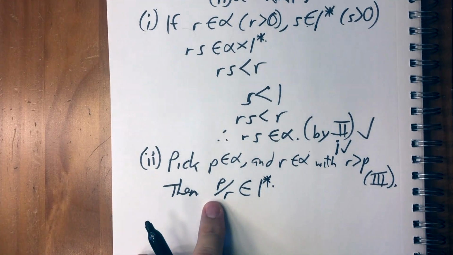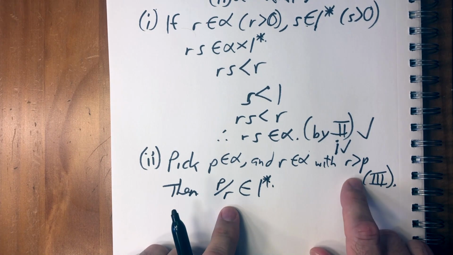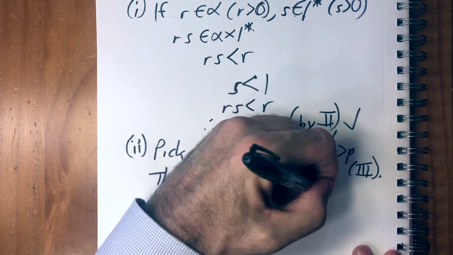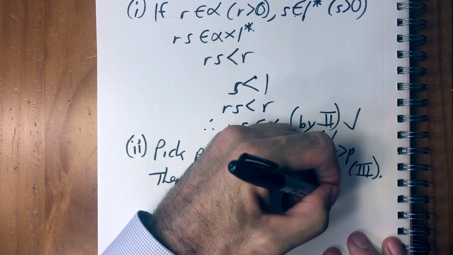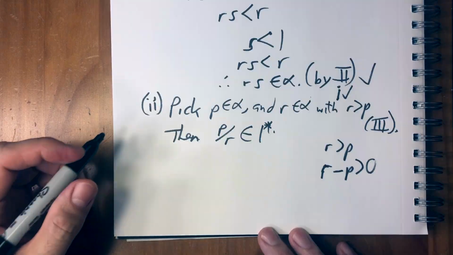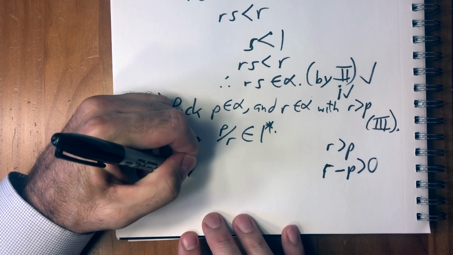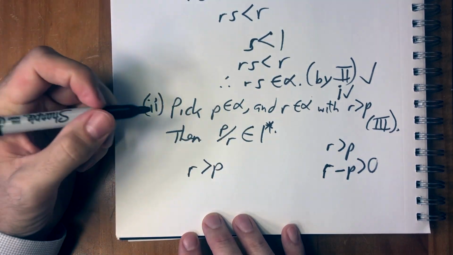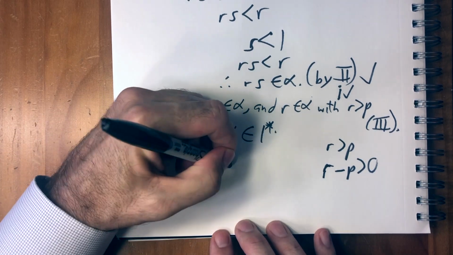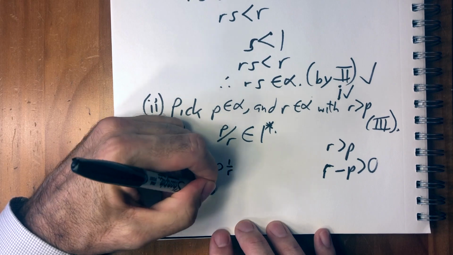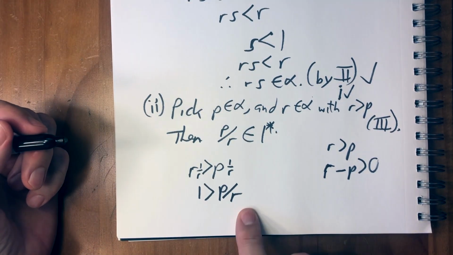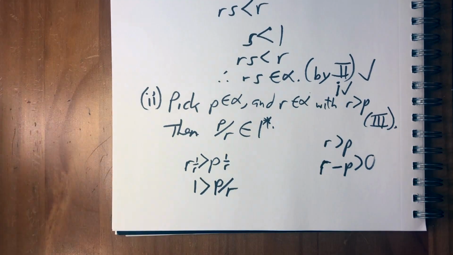Why is this? Because this is the analogous situation for addition. If R is greater than P in addition, and you subtract both sides, you get that R minus P is greater than 0. We're doing the same thing but with multiplication this time. So if R is greater than P, and you divide both sides by R, you get that 1 is greater than P divided by R. And that means that it is an element of 1 star.